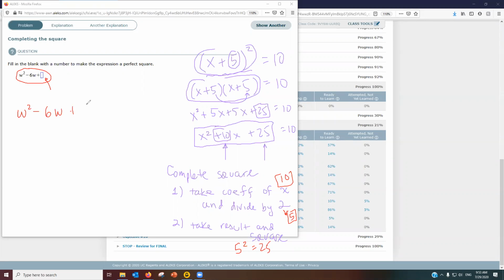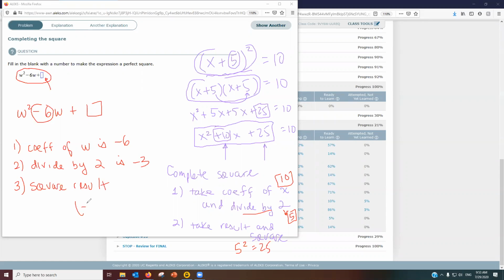All right, well, let me follow the steps. It says take the coefficient of w in this example. Well, the coefficient of w is -6. Divide it by 2. Well, that's -3. Square that result.